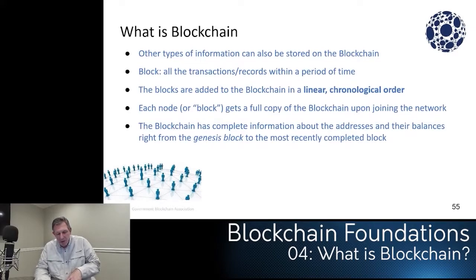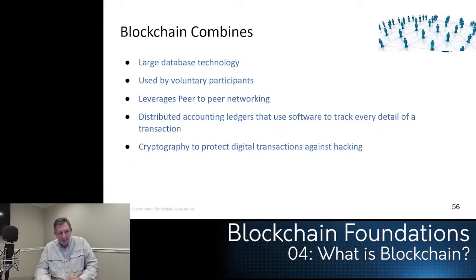So there may be a record that 1, 2, 3, 5, 6, 2, 7, 8, 9 moved one Bitcoin or one asset to 7, 2, 5, 6, 3, 8, 7. Right? You can follow the traceability, but you might not know who the owners of those different addresses are. So people talk about it as being sort of pseudo-anonymous.